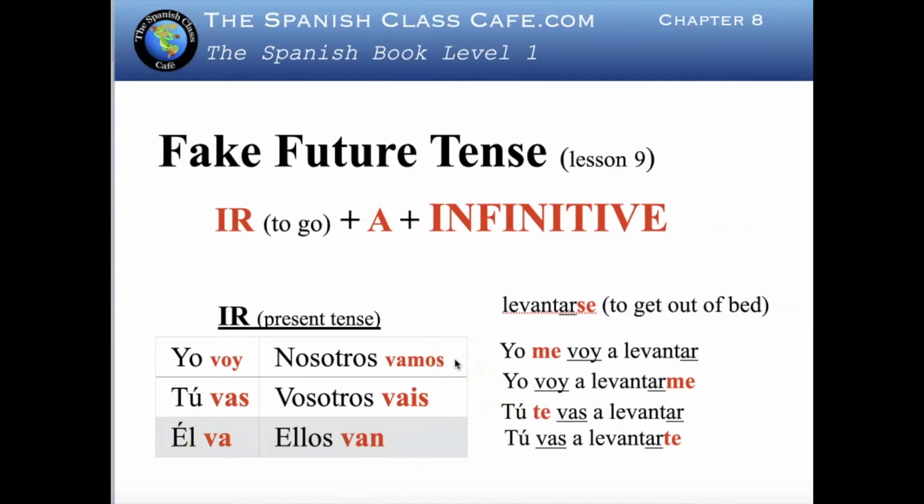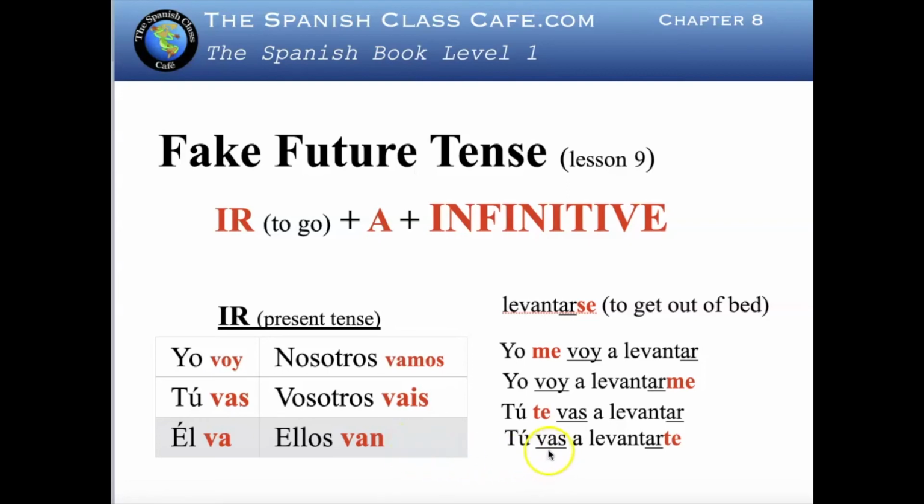Nosotros nos vamos a levantar, o nosotros vamos a levantarnos. Vosotros os vais a levantar, o vosotros vais a levantaros. Ellos se van a levantar, or ellos van a levantarse.